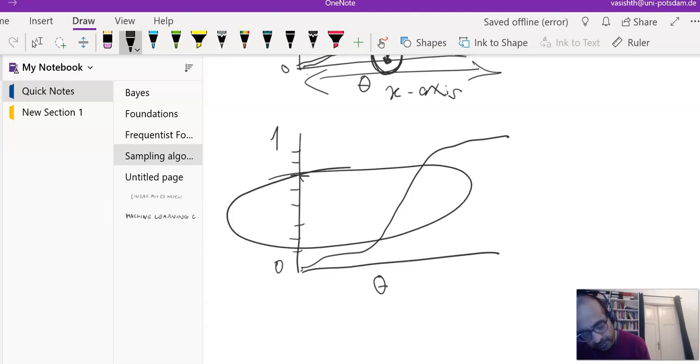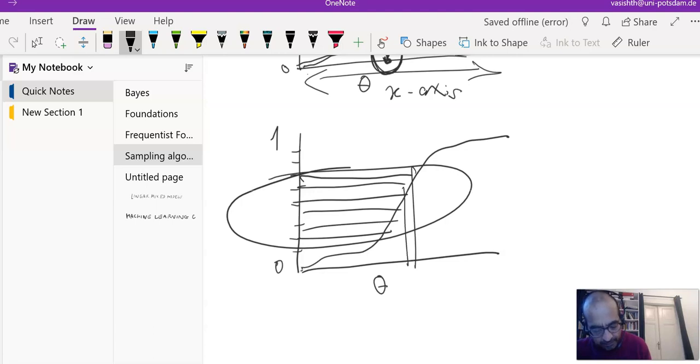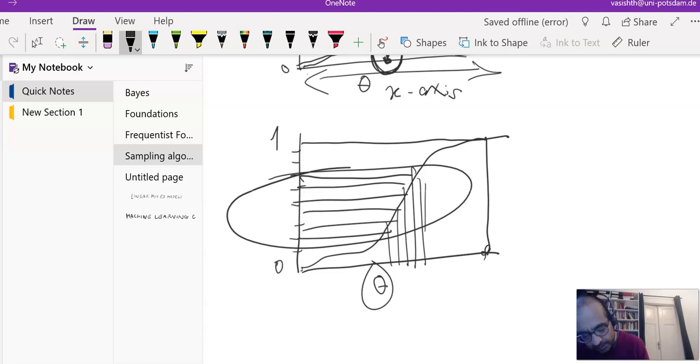Most of the values that I sample randomly from the uniform distribution will land me in the center part of the theta distribution. It'll be only very rarely that I will get a value like this one or a value like this one. So these extreme values will be rare and these central values will be more common.